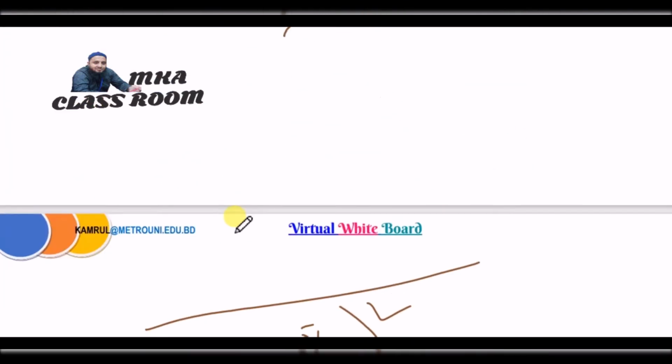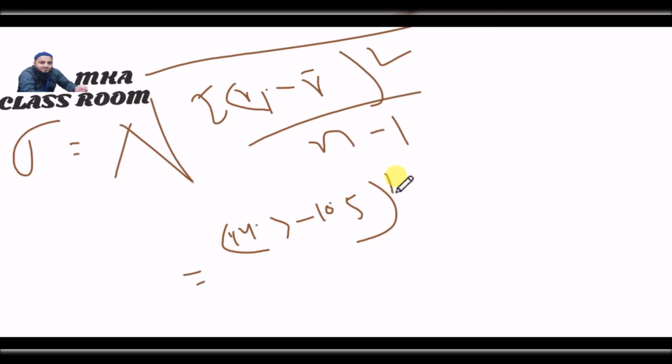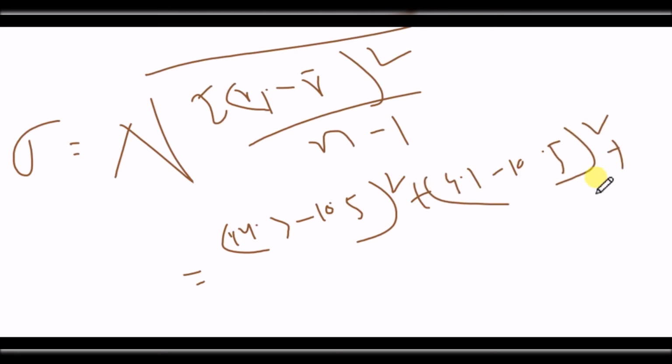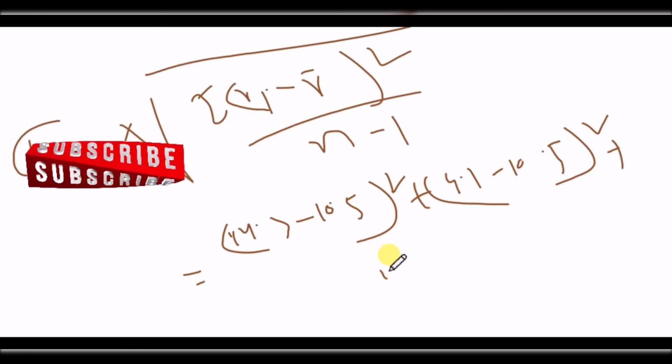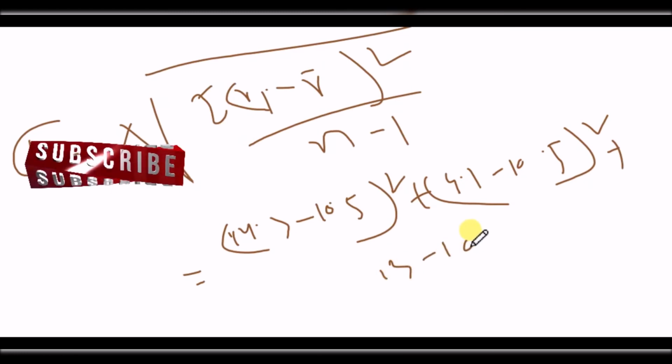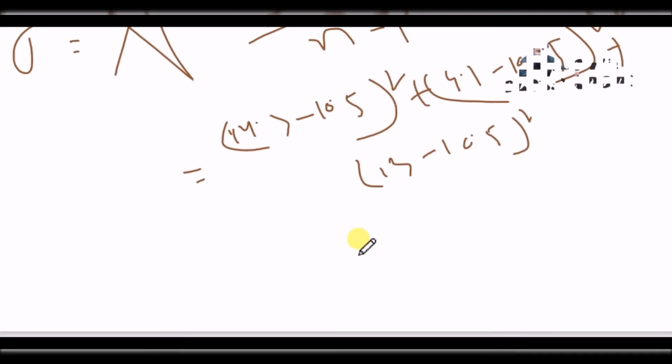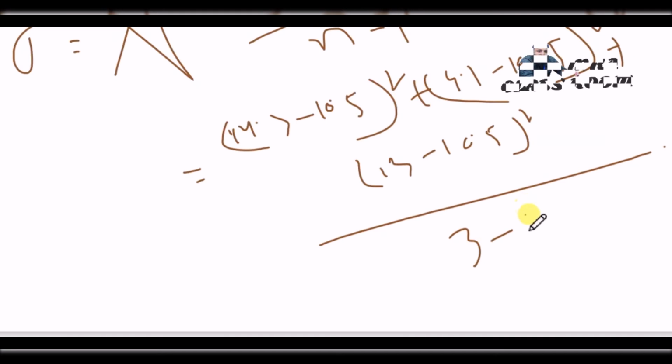We have 3 returns: 14.3 minus 10.5 whole square, plus 4.1 minus 10.5 whole square, plus 13 minus 10.5 whole square, divided by 3 minus 1.